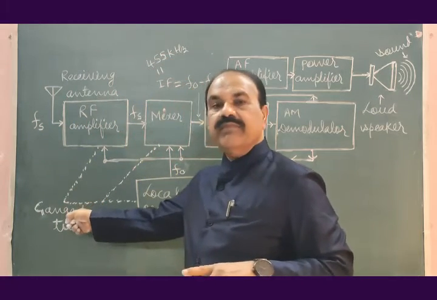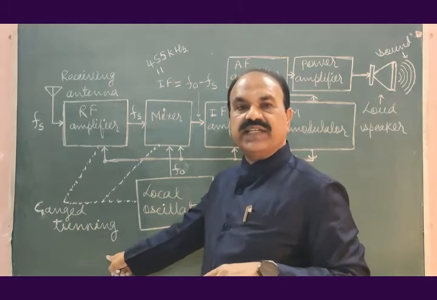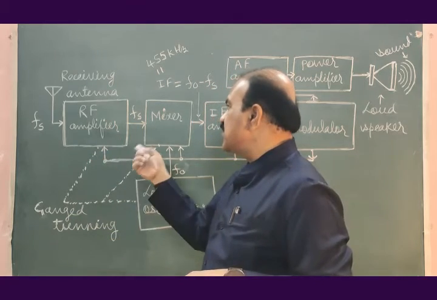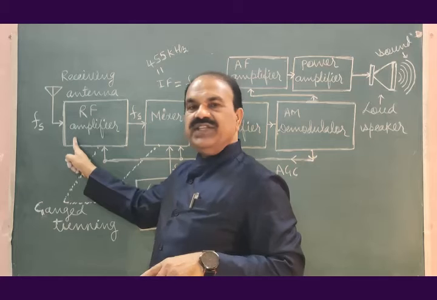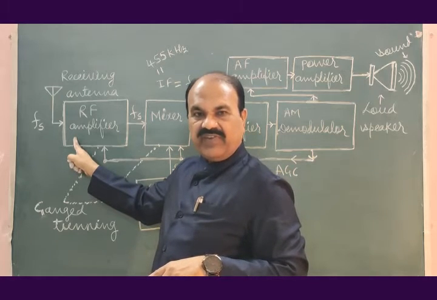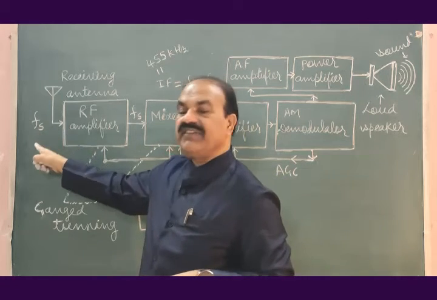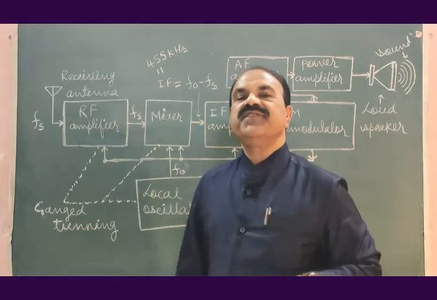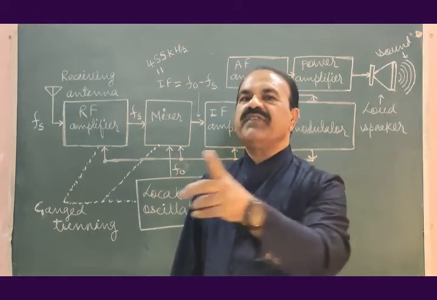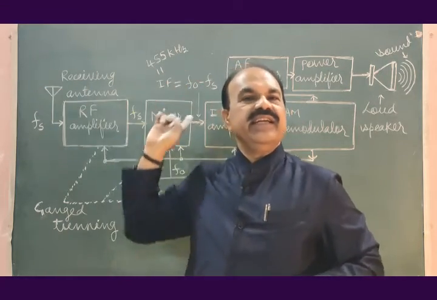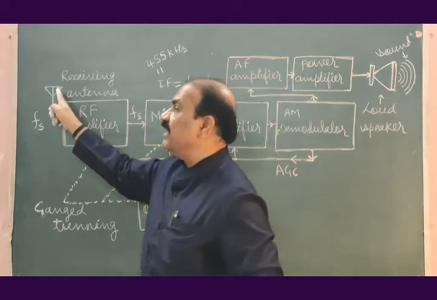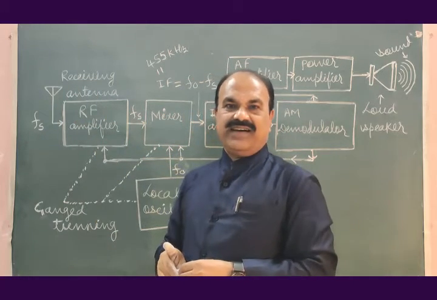Tuning by the ganged tuning circuit is done such that this RF amplifier is tuned to frequency Fs. This frequency Fs is the resonant frequency of one of the 80 radio stations available at the antenna.